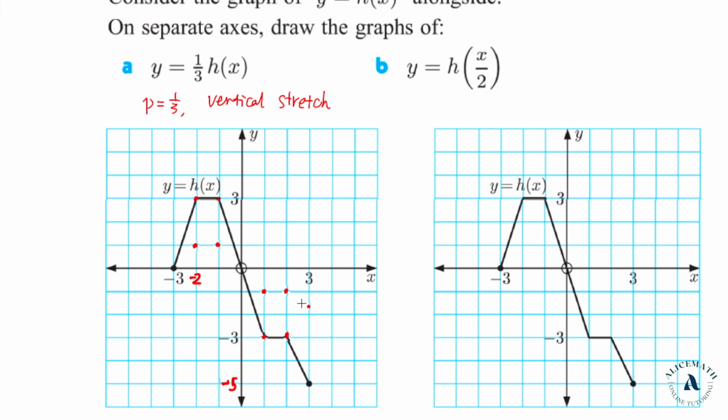Alright, now we can connect each vertex. We find the new graph of 1/3 times h(x) is here.